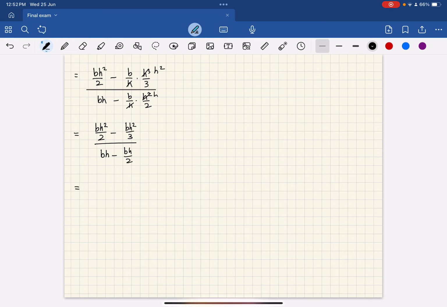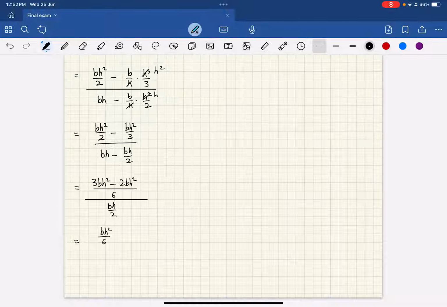So you'll get here 3b h squared minus 2b h squared over 6. And this one is just simply b h over 2. So you'll get here b h squared over 6 divided by b h over 2.